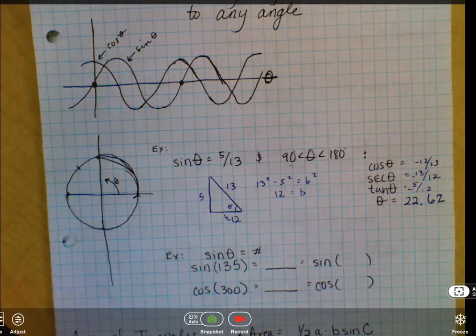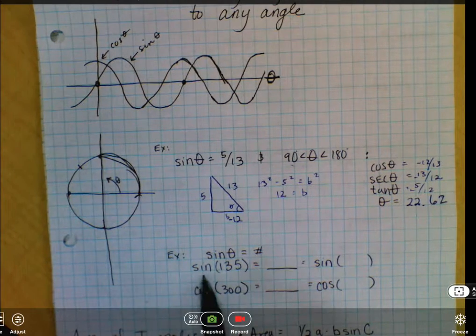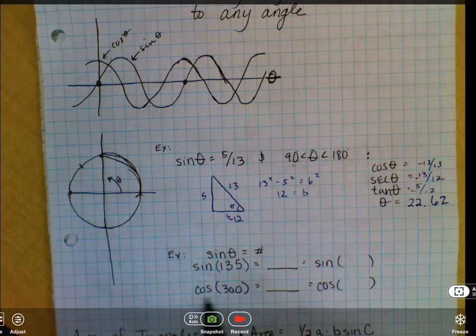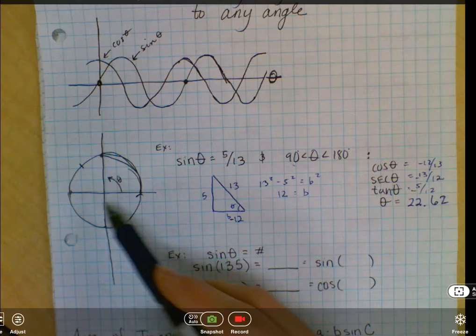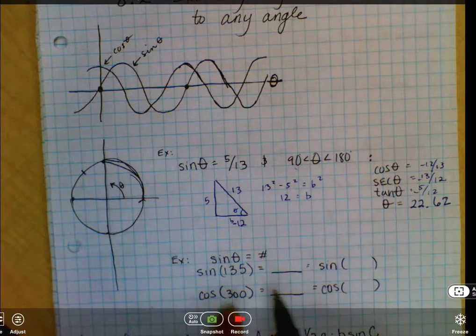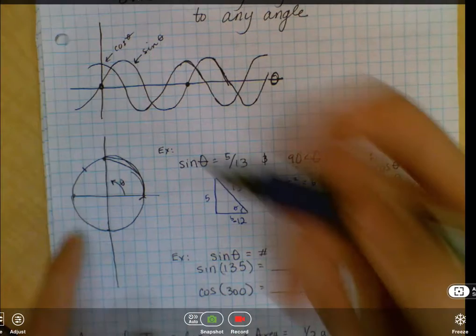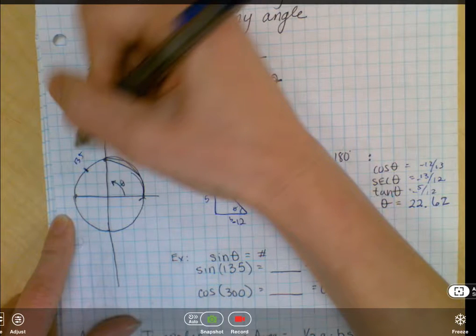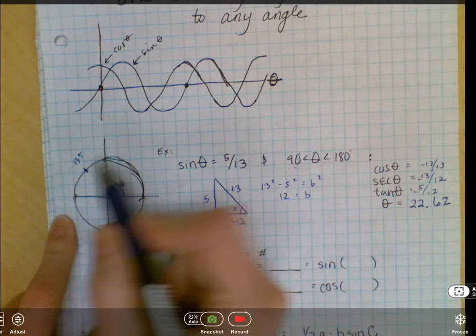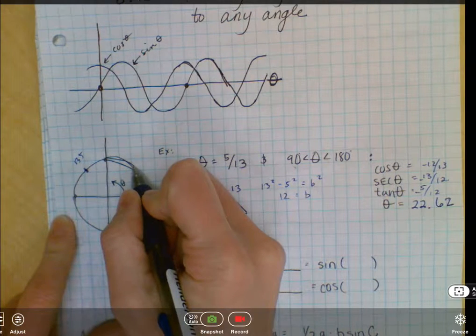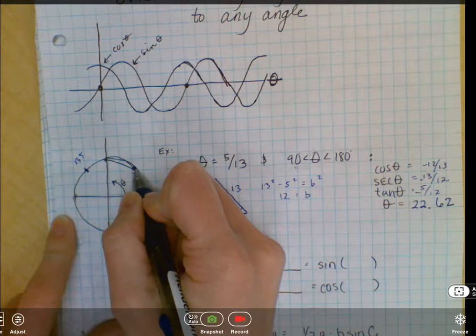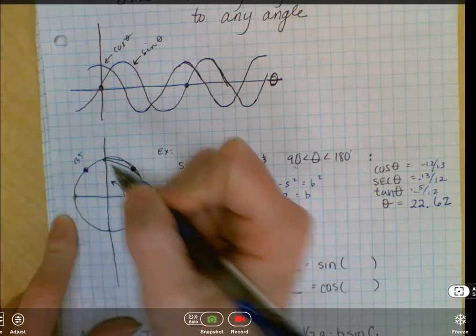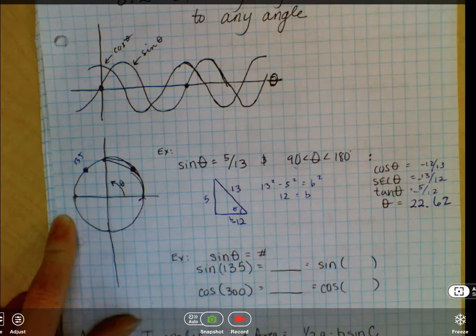Okay, the next thing we're going to look at is we're going to relate these larger angles back to angles that were previous. So if I was going to look at sine of 135, which I put a little tick mark here for 135, I can say that this angle right here is going to have the same ratio as this angle here.